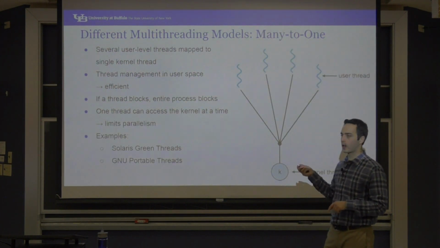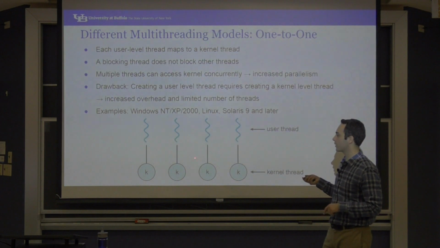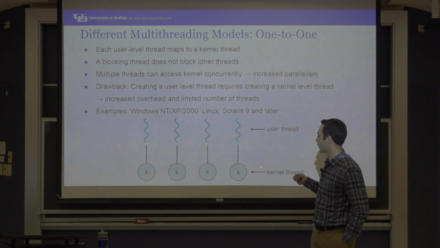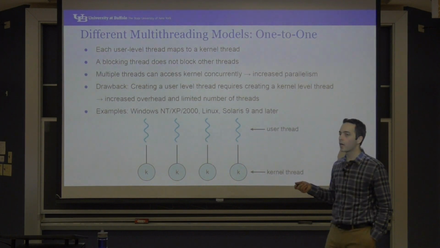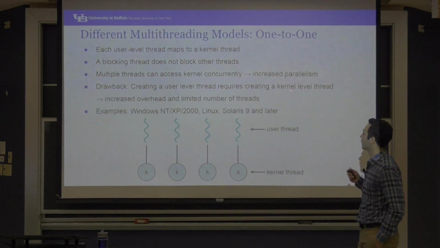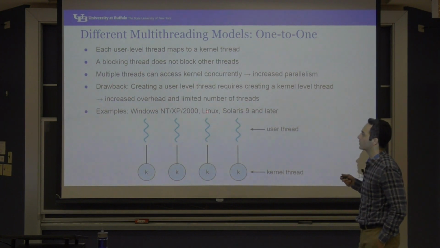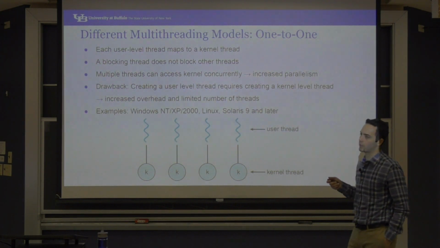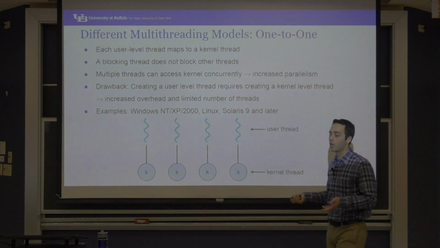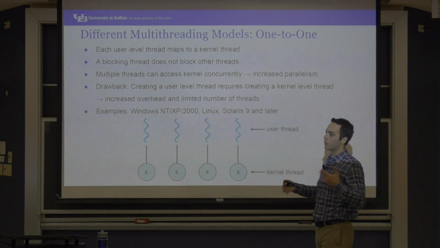All can access the kernel separately, and the only drawback is that when you have all this in the kernel, the overhead is too much, right? Creating a user thread requires a kernel level thread, and that limits the number of threads that you can have, because this requires resources and memory within the kernel.